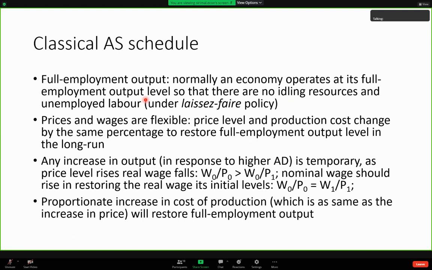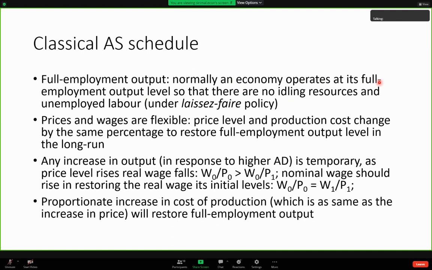Classical argument. The classical argument is that in the long run, there is full employment output level. Any temporary movements are temporary, according to classical. So they are looking at what should be the normal long run outcome.